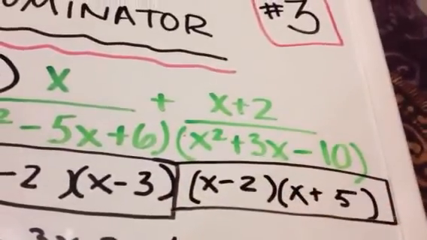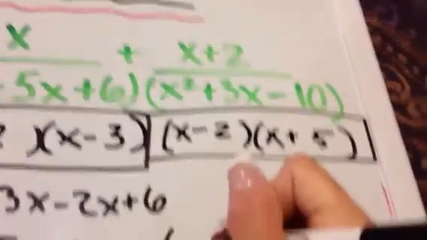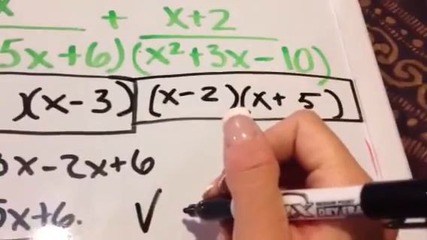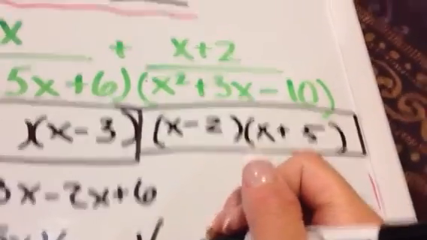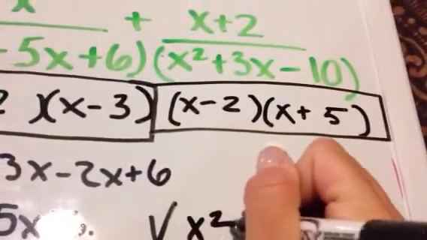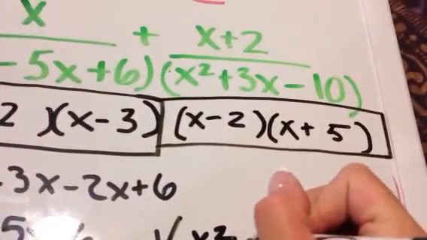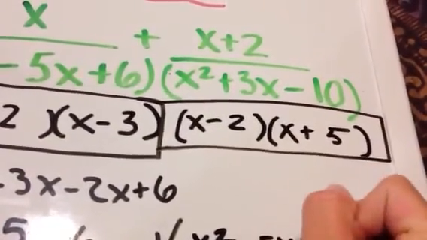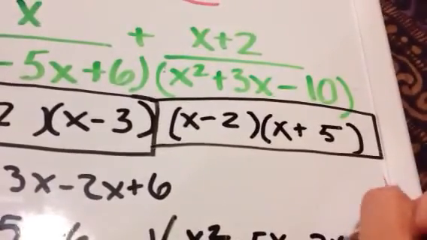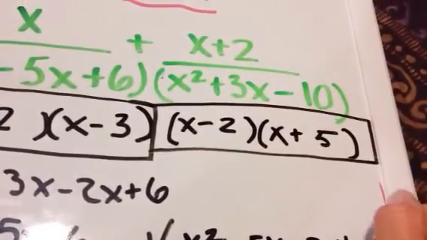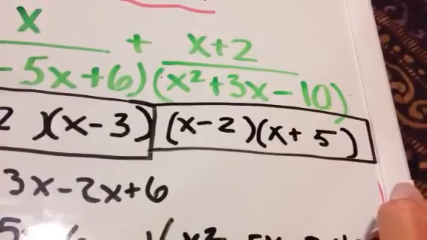And let's do a quick check. You FOIL it to quick check it to see if you can get the same answer you started with. First, your outside terms, your inside terms, and your last terms.